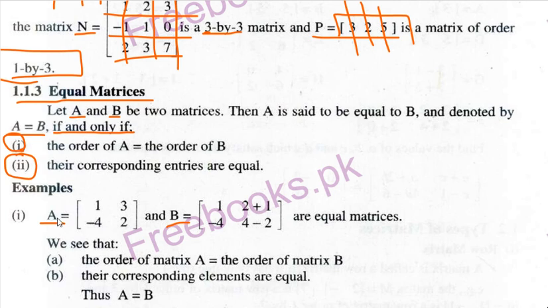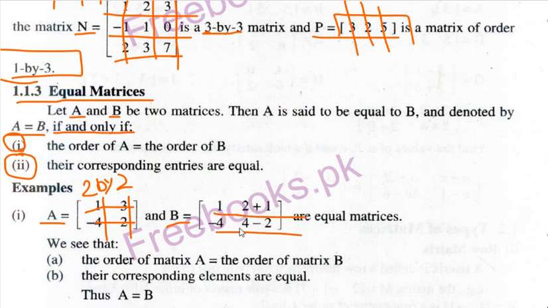How many rows does A have? 2 rows, row 1, row 2. Columns: column 1, column 2. So 2 by 2. What about matrix B?